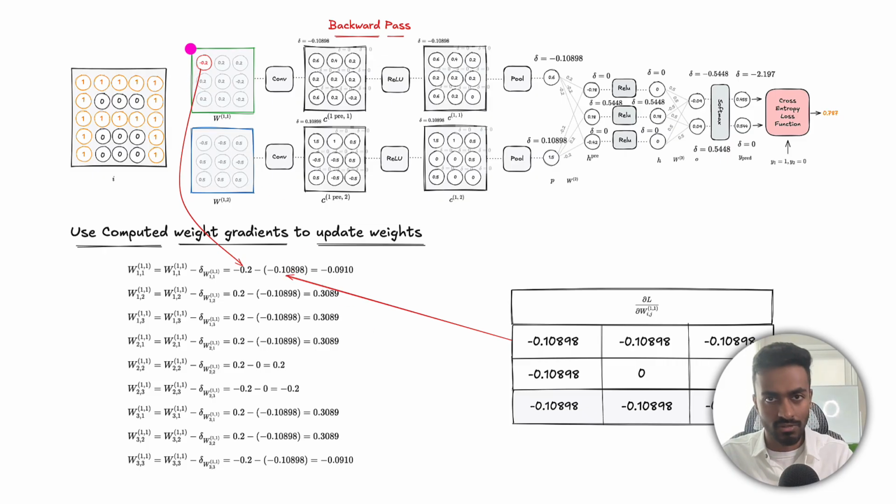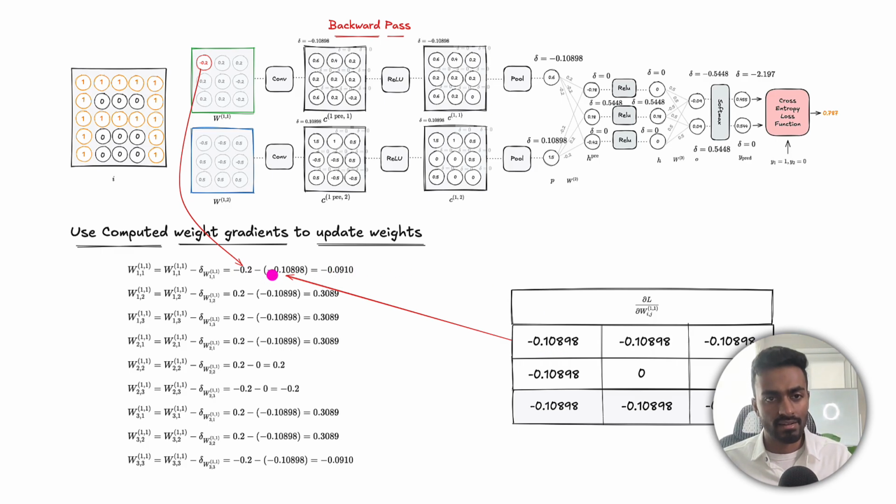So specifically, we'll do it from forward to back, even though we computed the gradients in the reverse direction. It shouldn't matter since we're updating them all effectively at the same time. So to update this weight over here, it's going to be W, which is 0.2, minus the gradient, which is this value over here that we get from our table, negative 0.108.